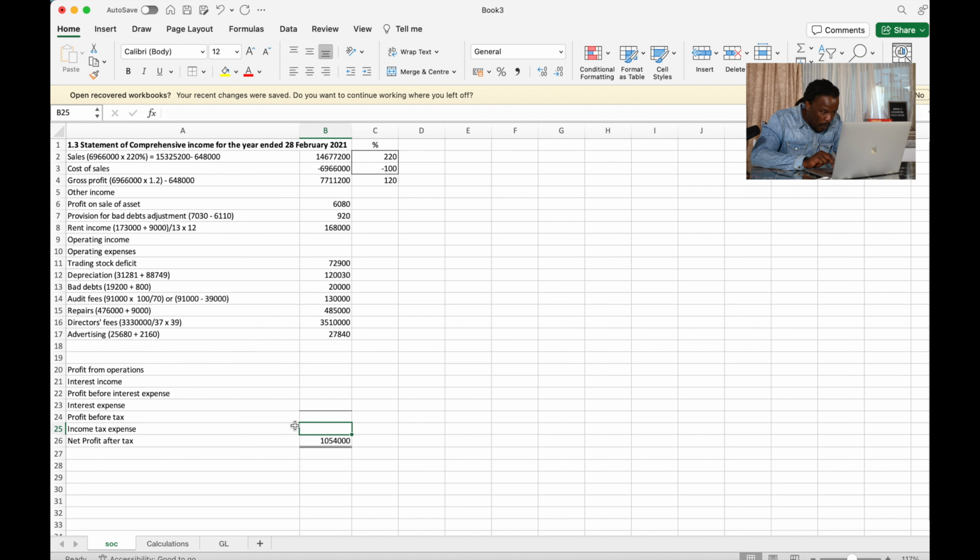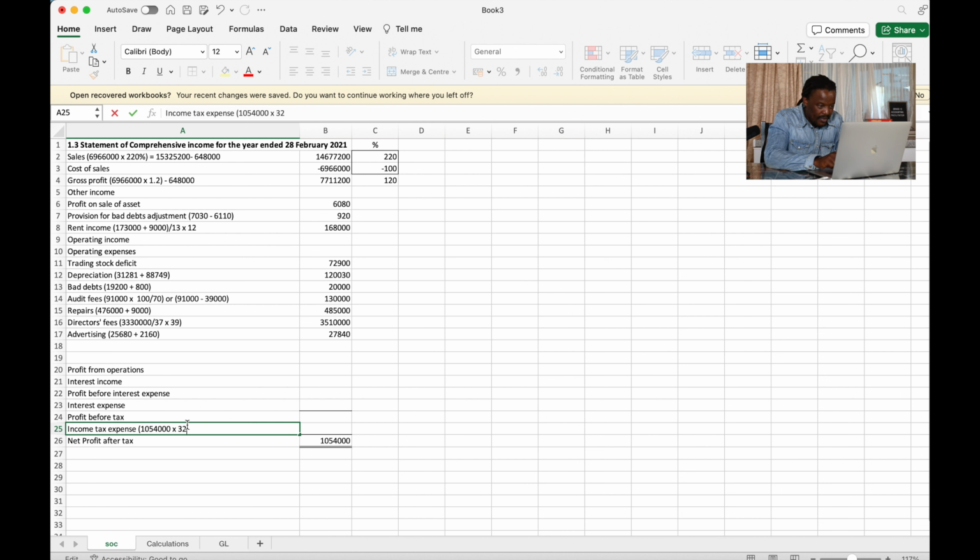And when you work back, income tax expense is this amount of 1,054,000. I showed you this on the previous exercise, multiplied by 32%, divided by 100 minus 32, and I did put this big bracket so that it's clear.